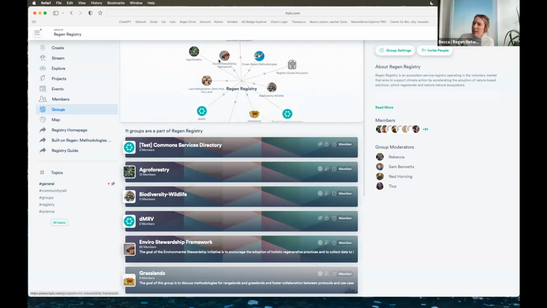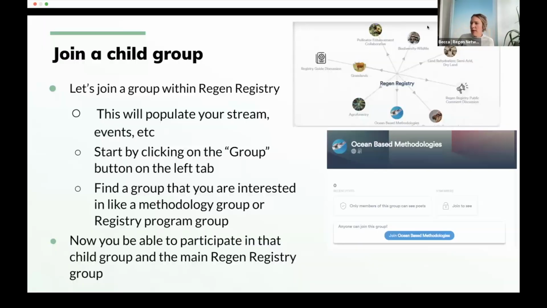But you can click to join a group. So I invite you to select one that interests you or that you're curious about, and go ahead and join that group. And when you do, that group, their announcements, their posts will also show up in Regen Registry and in your mainstream. So hope that you find one that's of interest to you.